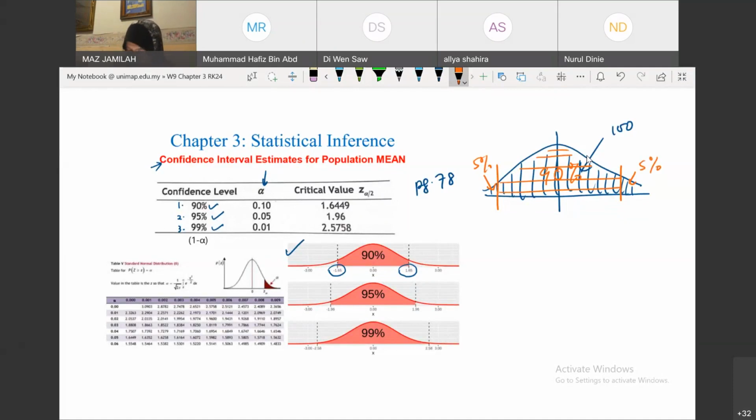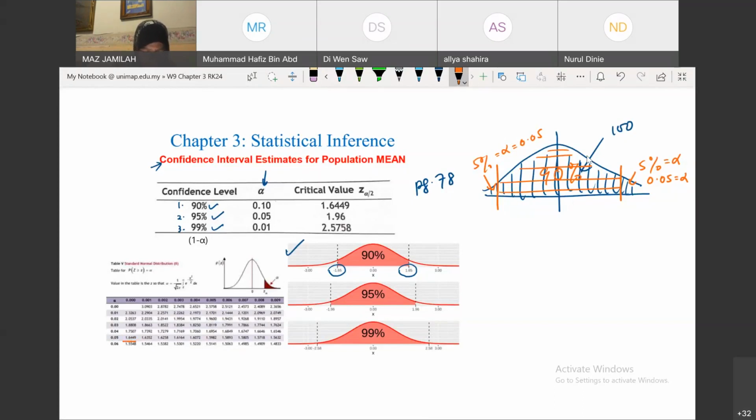So when we set 5% here, we are talking about our alpha. So what is our alpha here? It is 0.05. The same goes here. Alpha is 0.05. When we say alpha is 0.05, you refer to your upper tail table, alpha 0.05, and you will get 1.6449.